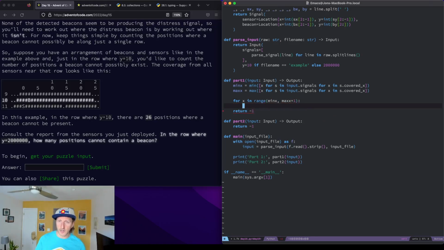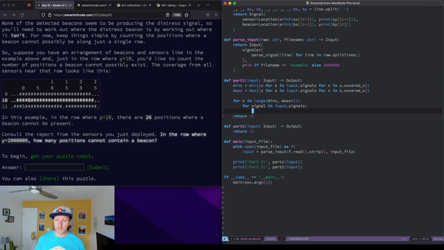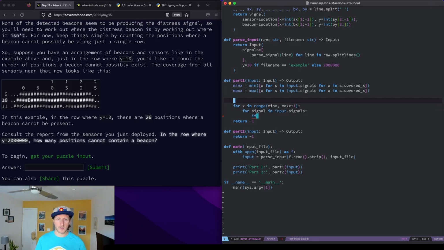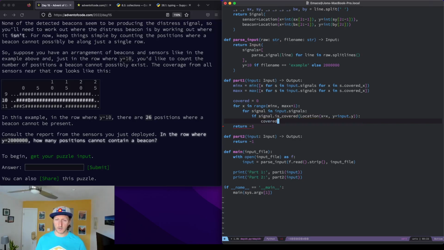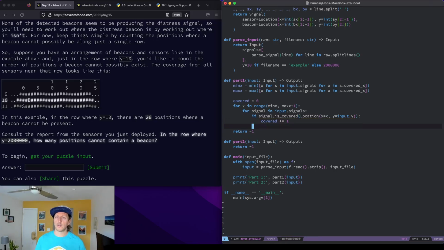We're going to go through each x and say for signal in input.signals, covered equals 0, if signal.is covered, and we're going to do location x equals x, y equals input.y, covered plus equals 1, and then continue, or actually break. We want to break out of this for signal in input signals.